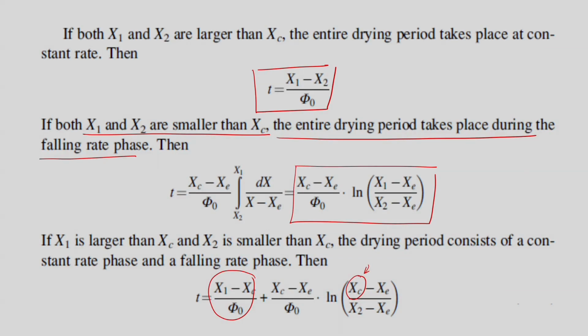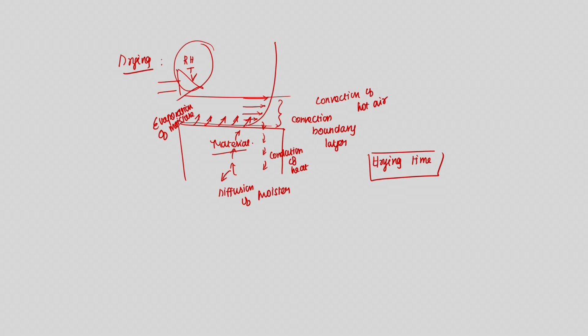So, here if you see, whatever moisture is there on the surface of the food material is getting evaporated, right. So, at the same rate the moisture also diffuses from inside the material and should come to the surface of the food material, right.